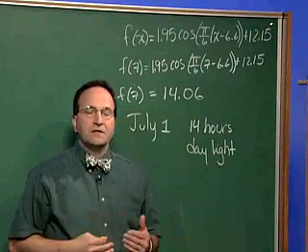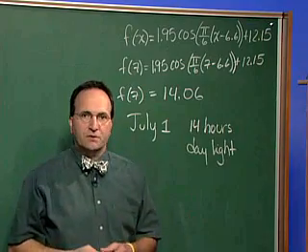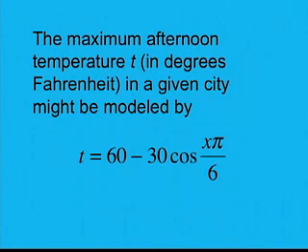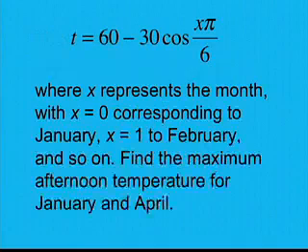Okay, well, now that I've done an application problem, I would like to give you the opportunity to solve an application problem using the circular functions on your own. The maximum afternoon temperature T in degrees Fahrenheit in a given city might be modeled by T equals 60 minus 30 times cosine of x pi over 6, where x represents the month, with x equaling 0 corresponding to January, and x equaling 1 to February, and so on.